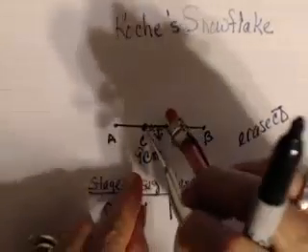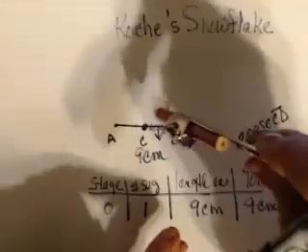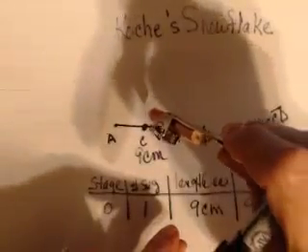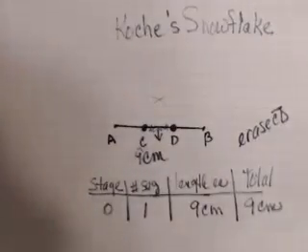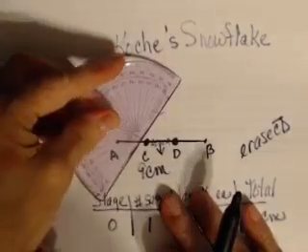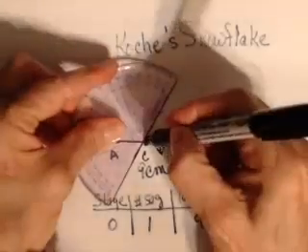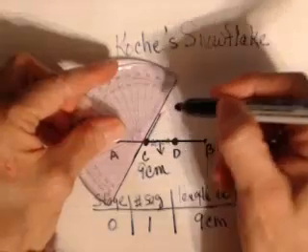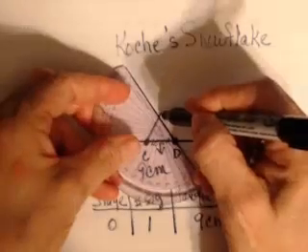I'll make a circle at C and a circle at D. I'll connect C to that intersection point here and here.